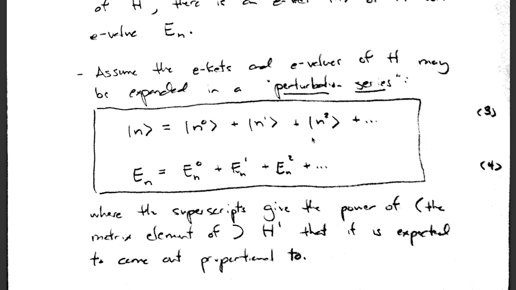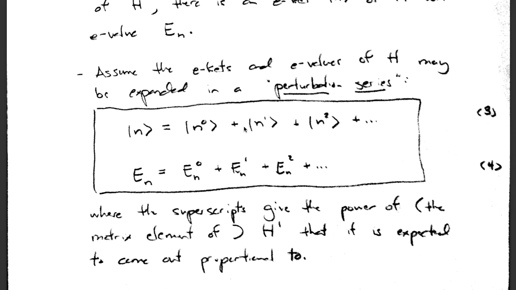Typically what we'll do is we'll have some small parameter that'll be multiplying our perturbative Hamiltonian, and we'll expand in that small parameter. So the hope is, when you do perturbation theory, that n0 is going to be your leading term, and n1, because it contains 1 power of that small parameter, is going to be smaller than n0. And by small, I mean less than 1, between 0 and 1, a fraction.